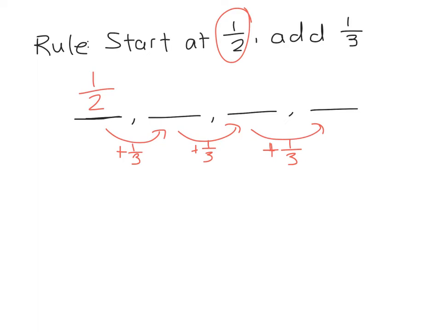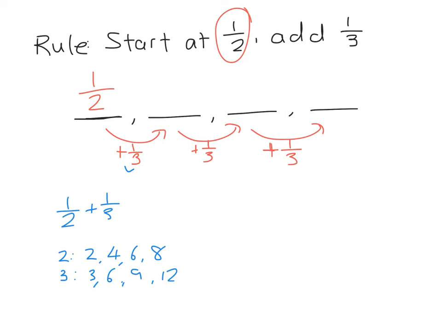Let's see. Okay, we have 1/2 and we're going to add 1/3. 1/2 plus 1/3. Oh wait, we can't really do that because our denominators are different. So once again, and this time I'm not going to mess up the words, multiples, least common multiples. 2, 4, 6, 8. 3, 6, 9, 12.